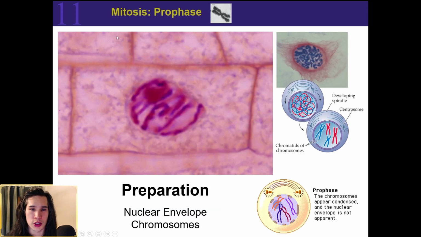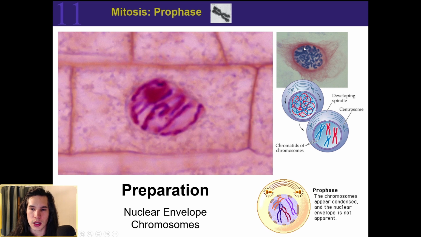All right, so jumping into mitosis, we'll start off with prophase. I like to associate the P in prophase with preparation, because what happens is your nuclear envelope will dissolve, and your chromosomes condense. So they actually become somewhat distinct when we're looking at it under the microscope. Here it doesn't look like a homogeneous mass.